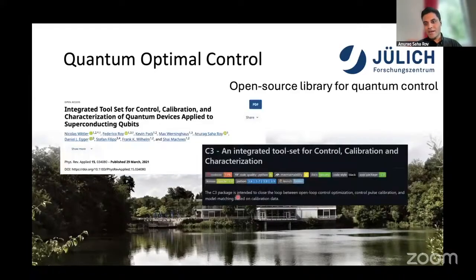So when I started working on quantum optimal control, we built an open source software library because I really enjoyed working in the open source community. So we developed a software library, we wrote a paper on it, and it was very widely used at that time by a lot of teams that were developing gates and developing instructions for different kinds of quantum computers.